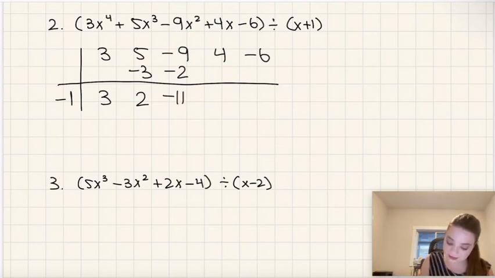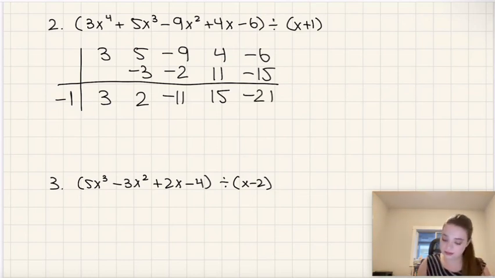-1 times -11 is +11. 11 plus 4 is 15. -1 times 15 is -15. And last but not least, -6 plus -15 is -21.